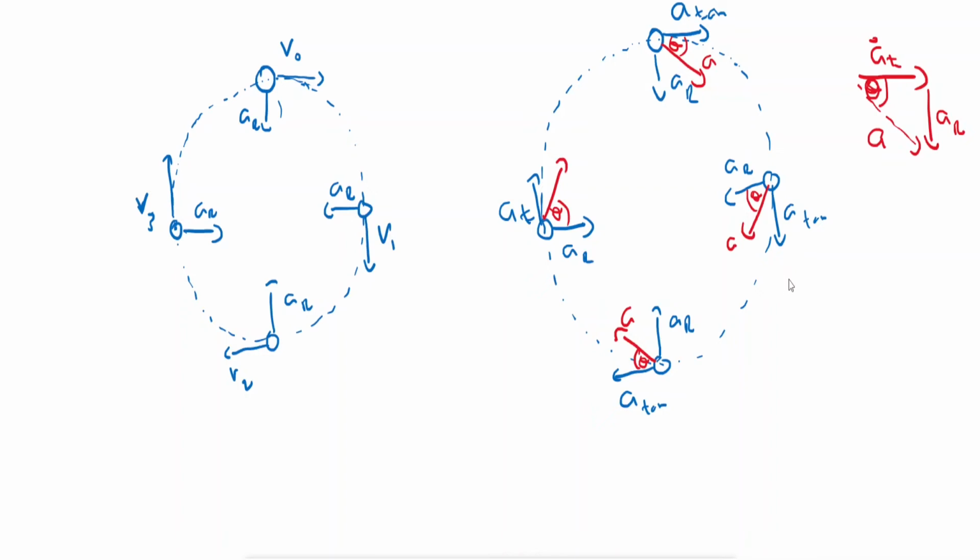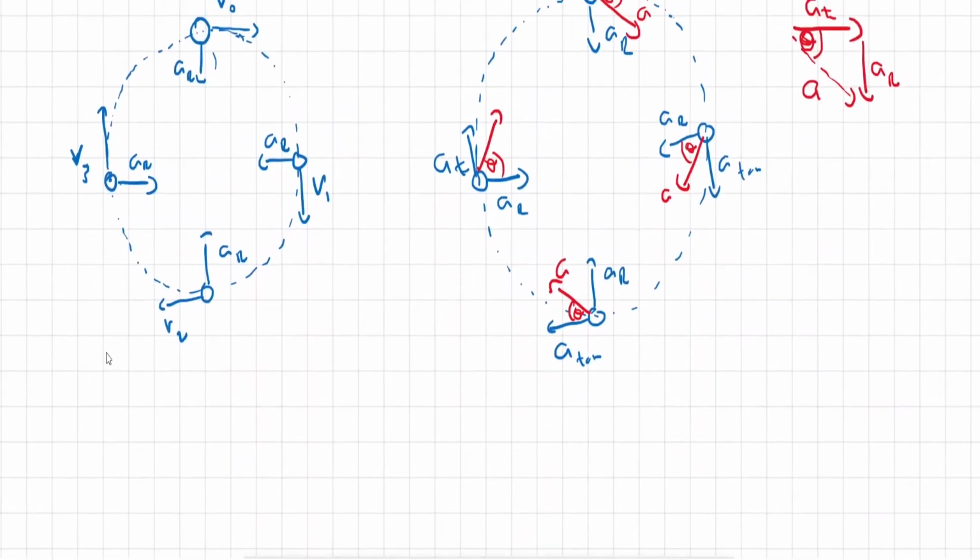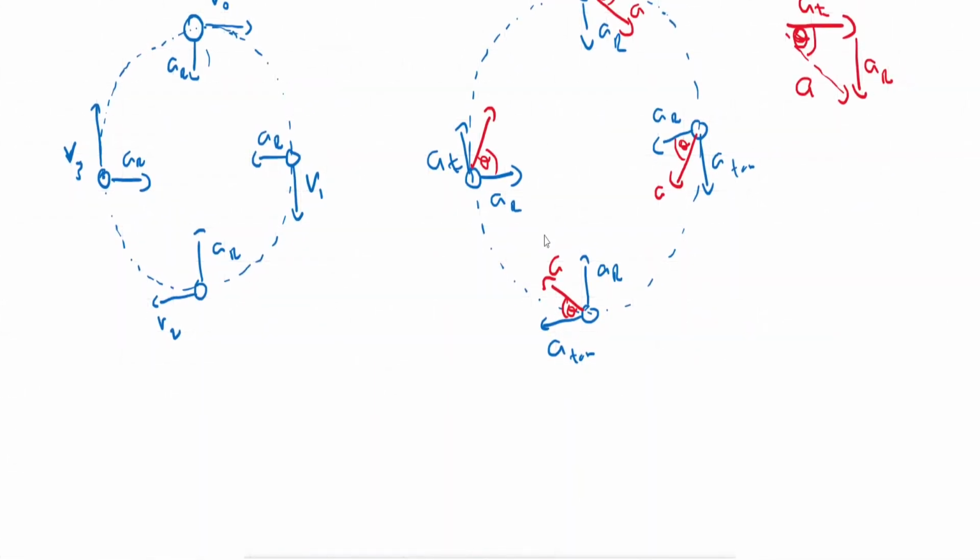Based on this, you can actually see that we can write quite a number of things. We can say that the total acceleration is going to be given by AR plus AT. And I can find the magnitude of that acceleration by simply taking the square root of AR squared plus AT squared.